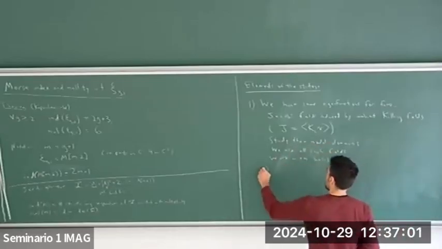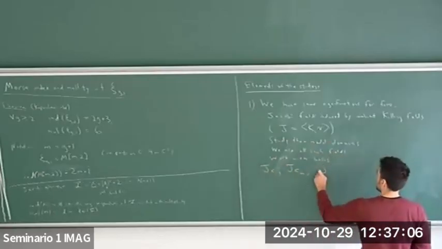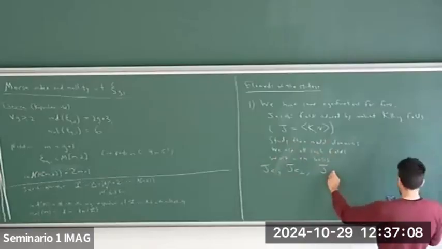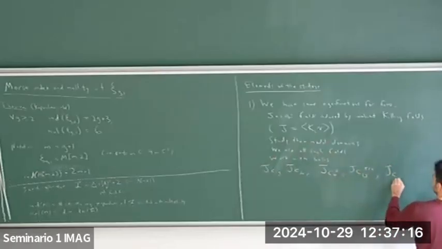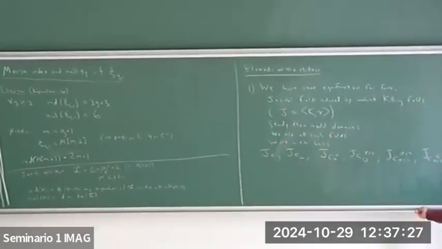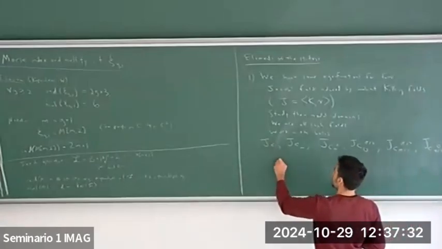And the Jacobi fields, each one is going to be labeled with a circle.